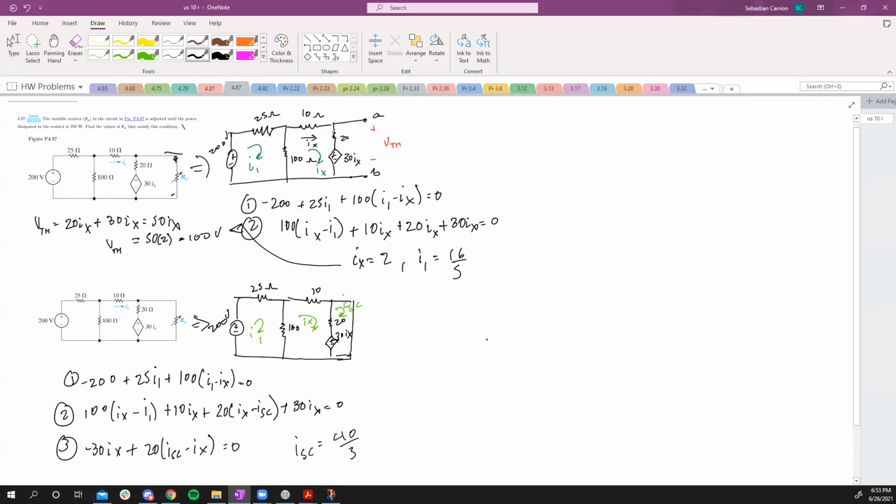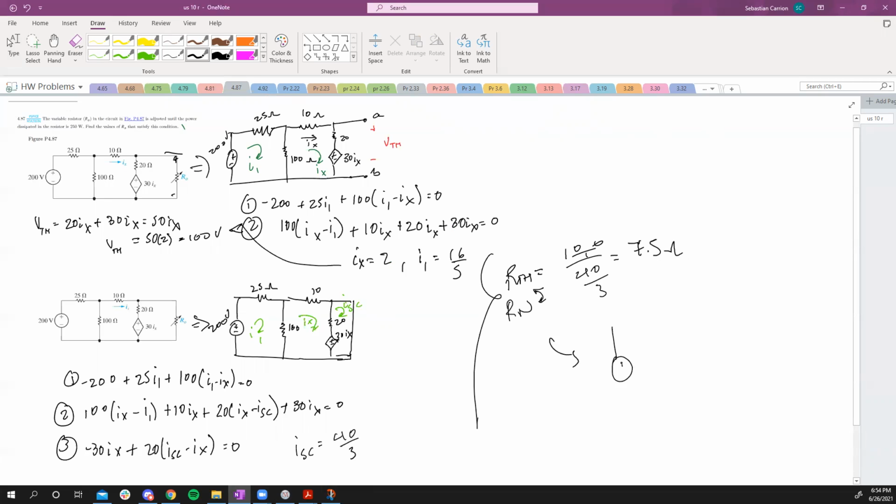So our R Thevenin would be 100 over 40 over 3, which is 7.5. So our Thevenin, or our Norton as well, is 7.5 ohms. So I'm going to draw an equivalent circuit now.